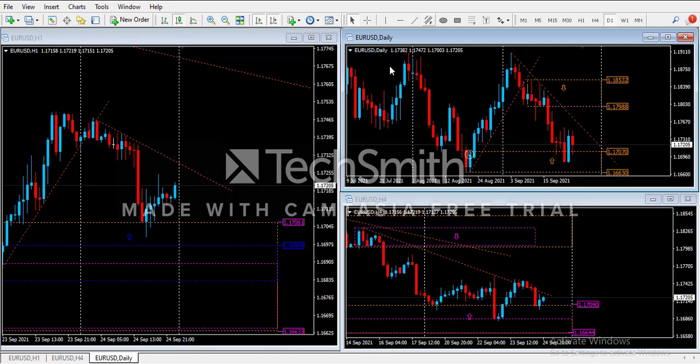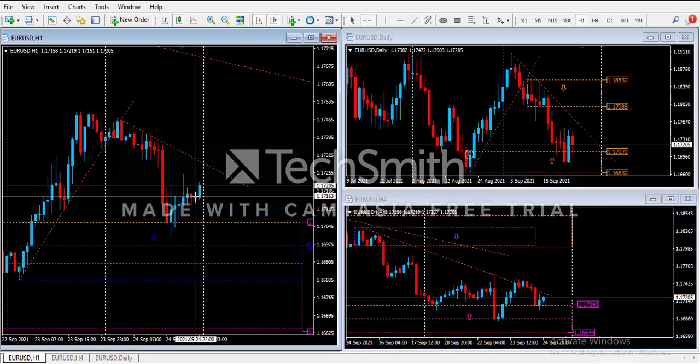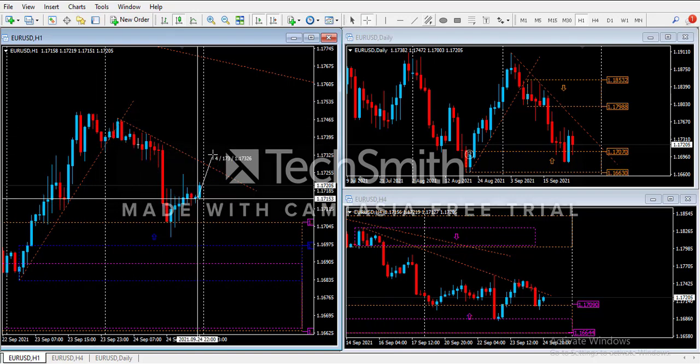So on the daily chart we have a range between the supply and demand area, but on the 4-hour chart we have nothing. So we are waiting for the downward tendency to change to the upward. On the 1-hour chart also we have nothing before the downward tendency changes.